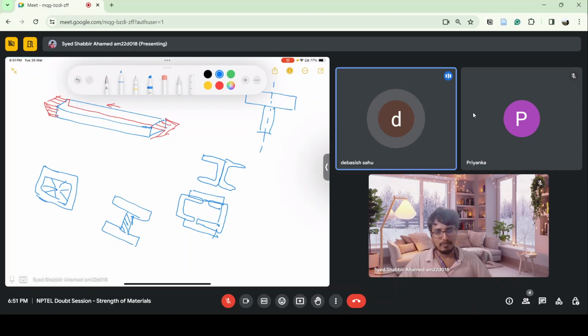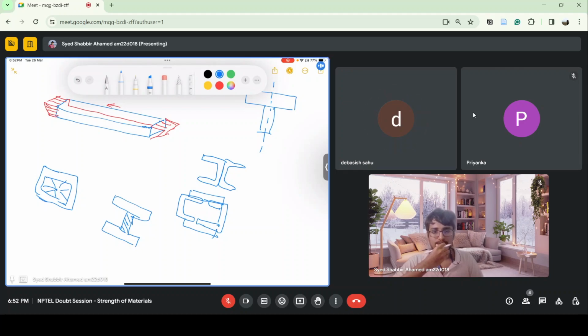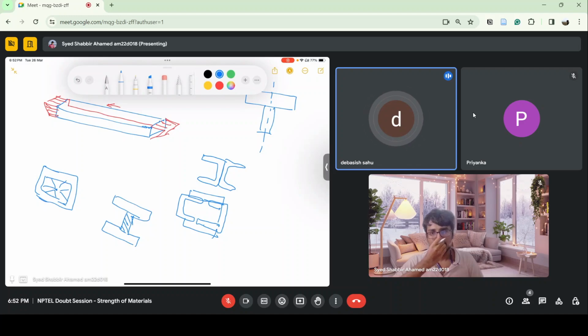Understand, sir. Sir, in old bridges also, the two plates are joined by rivets. If we take the same thickness without riveting, with that much amount of the same material, then compared to riveted, it is more stiff, sir.